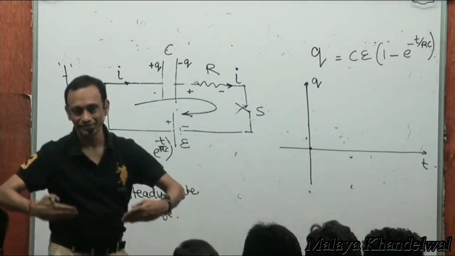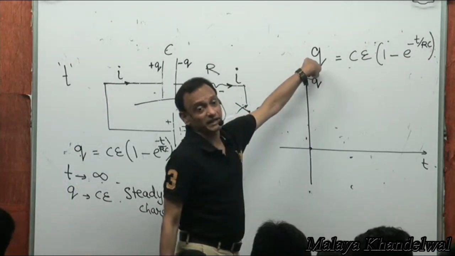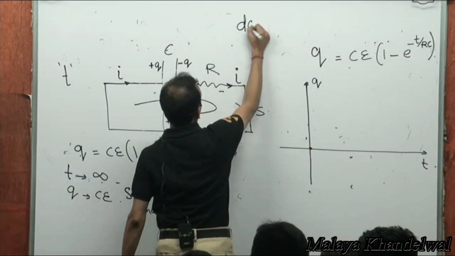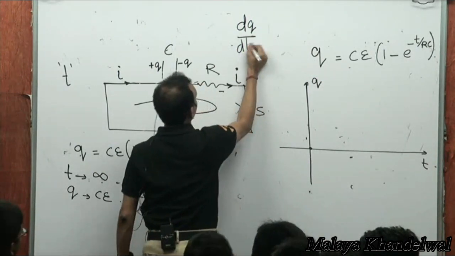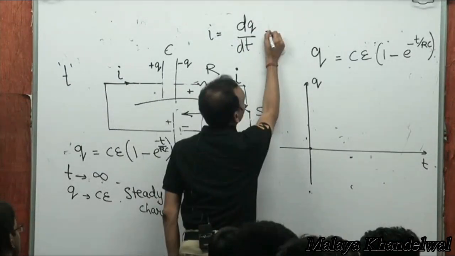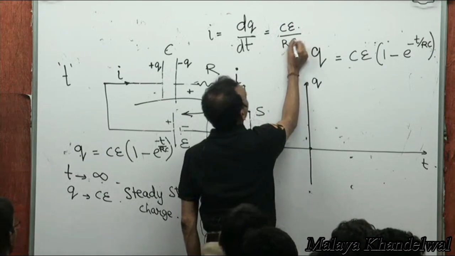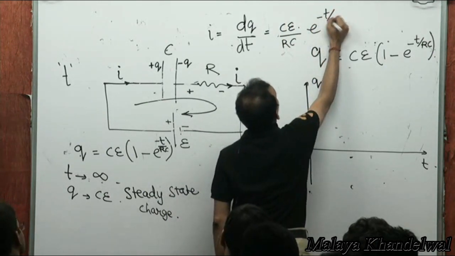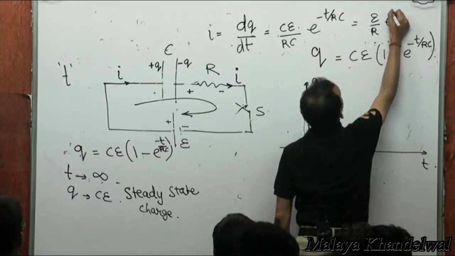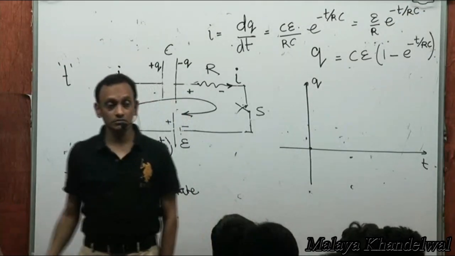Therefore, charge was growing. If you differentiate this, then at t equal to 0, dq/dt is not 0. What is dq/dt at any given instant of time? That's the current. Differentiating C epsilon times (1 minus e to the power minus t by RC) gives epsilon by R e to the power minus t by RC. That's the current at any given instant of time in the circuit.